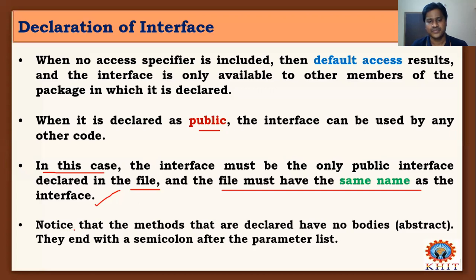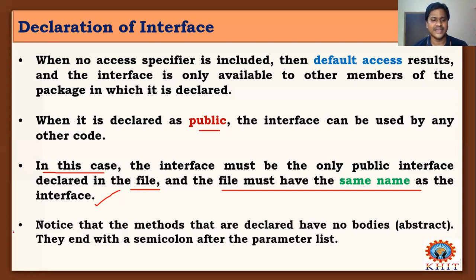Here, in the previous example, we have already seen that methods declared inside this interface have no bodies. And we call those methods abstract methods. This concept is already covered in the abstract classes of inheritance.